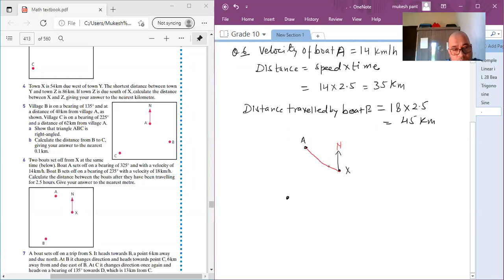Its bearing is 325. Then join, this is point B. Join B and X and check what the bearing of B is. This is 235, right? 235. So I will use another ink.